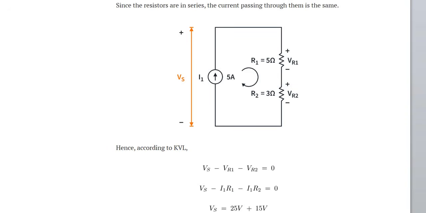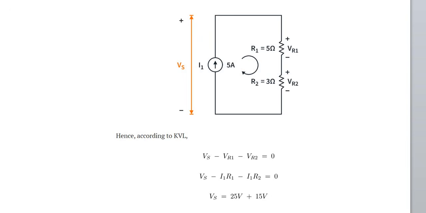Hence, according to KVL, VS minus VR1 minus VR2 is equal to 0. And VR1 is represented as the current I1 into R1. Similarly, the current I1 into R2 is VR2.